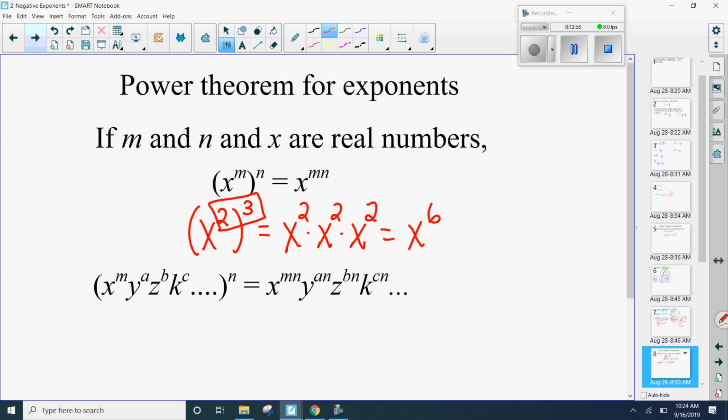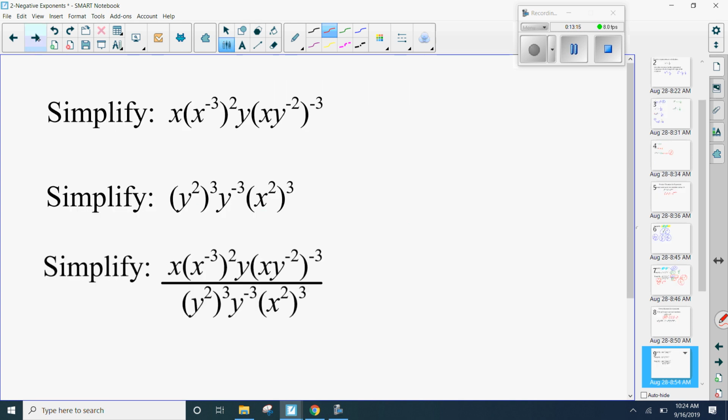Now, if you have multiple terms, if you have multiple variables there, factors, you have to raise each one to that power. Terms, you're going to do something a little bit different. So I want you to, if we simplify the first one, where you want to start, this should be review, is right there and right there.